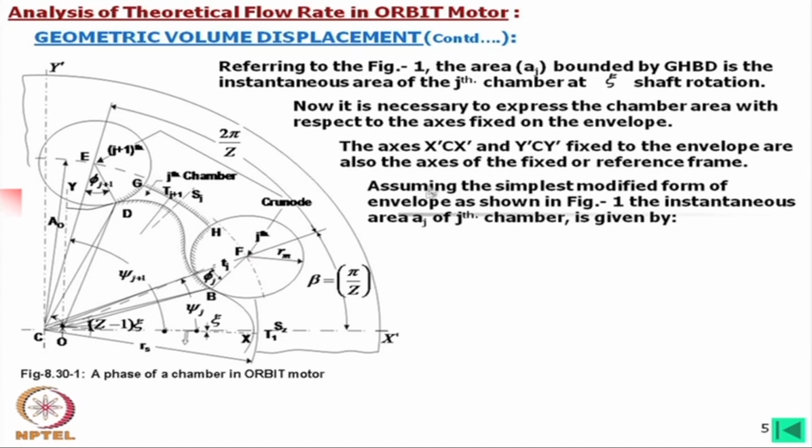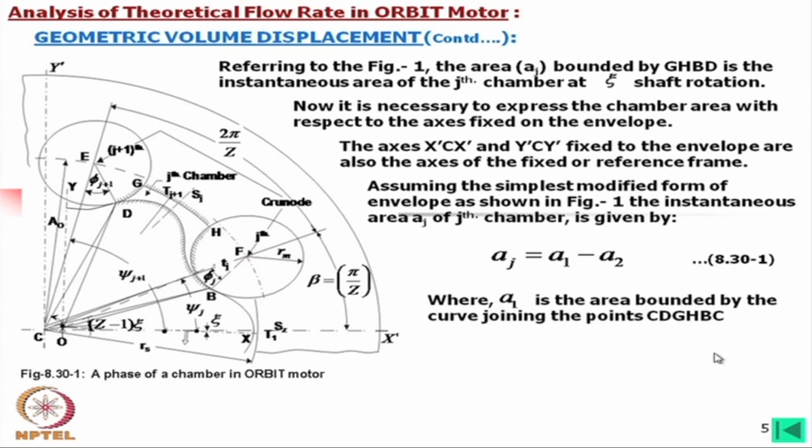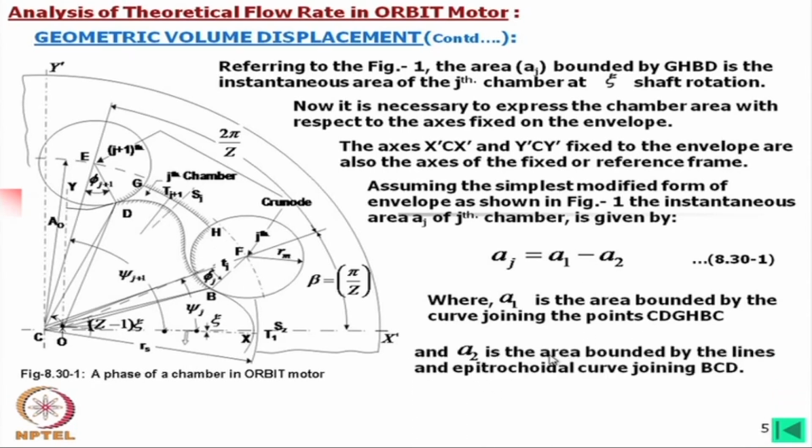The instantaneous area AJ of the jth chamber is given by AJ equals A1 minus A2, where A1 is the area bounded by the curve joining the points C, D, G, H, B, C, minus the area A2 bounded by the lines and the epitrochoidal curve joining B, C, D.